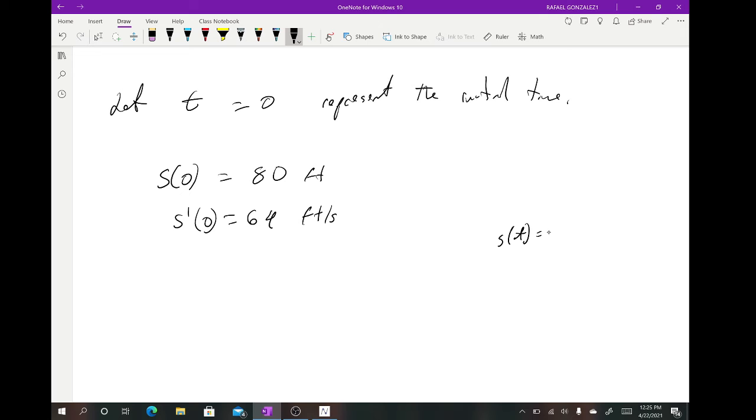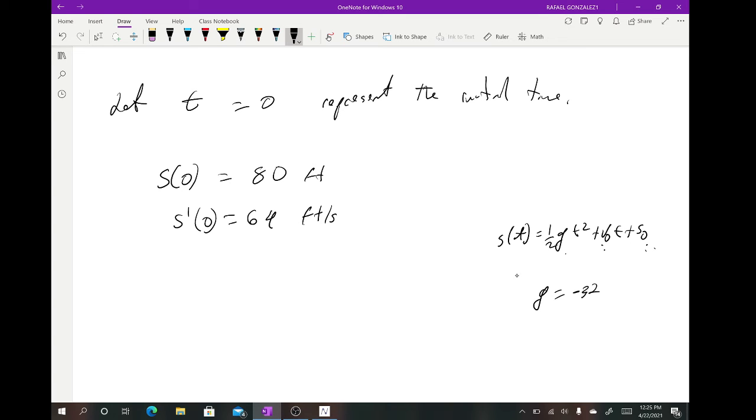The position function for gravity is 1/2 g t squared plus v0 t plus s0, where v0 is the velocity, s0 is the position, and g is equal to negative 32. That's gravity.